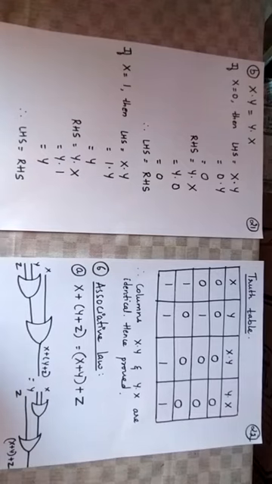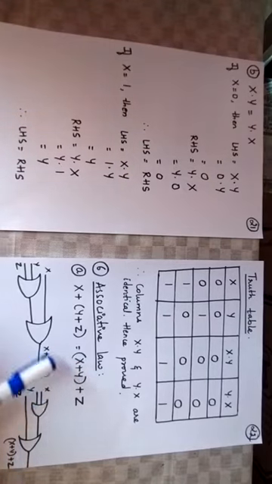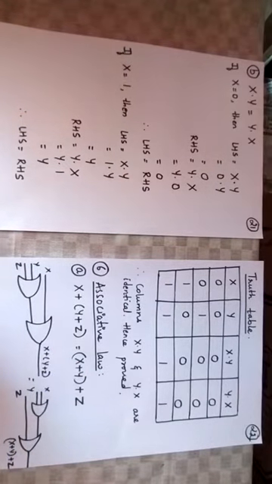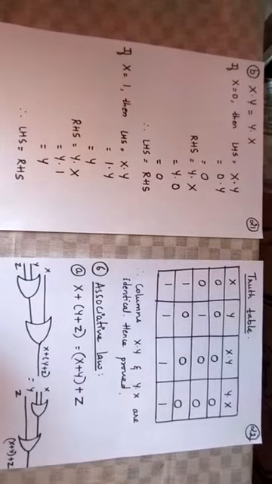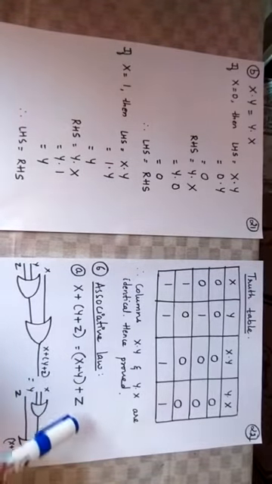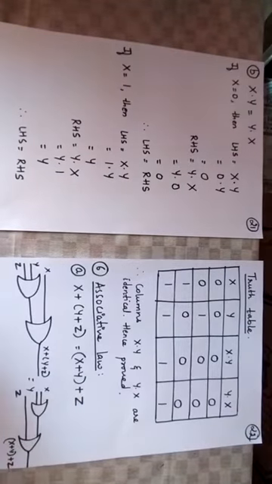Next, coming to the right hand side. Now here if you see, x plus y is under parentheses. So we have to take a separate OR gate for it. So I am taking one separate OR gate wherein I take the inputs x and y, which results in the x plus y value. Now this x plus y and z we have to put into another OR gate.